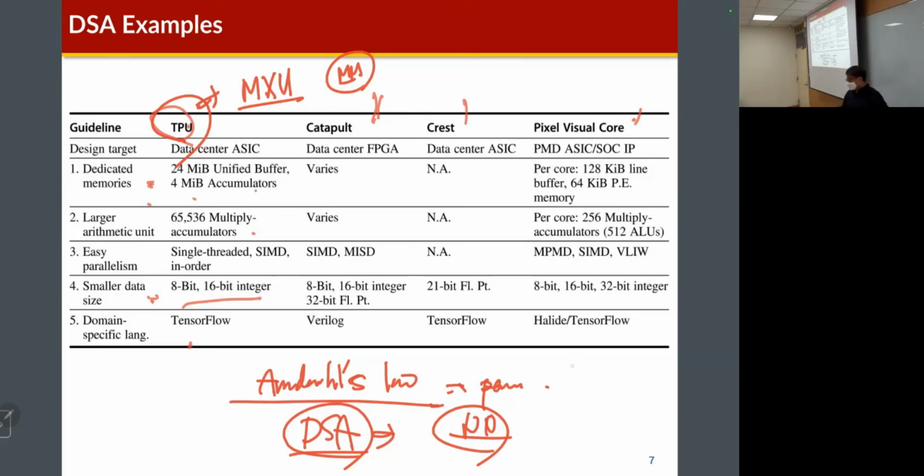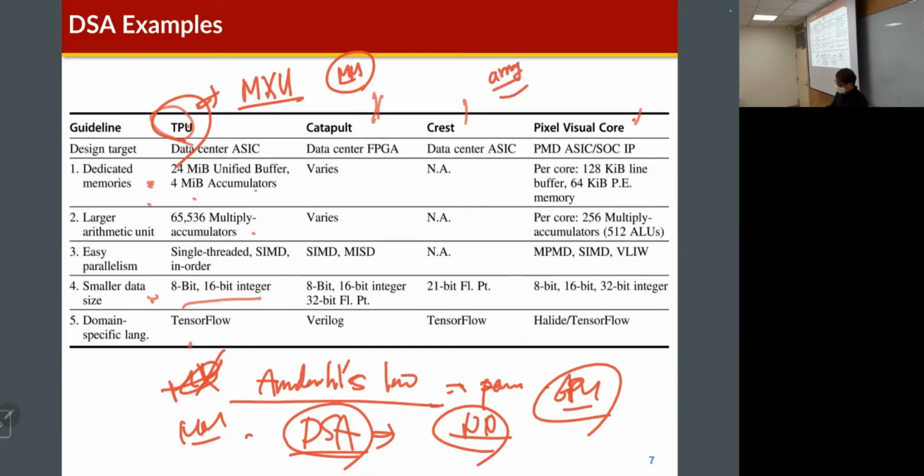Then we can use the GPU, and GPU architecture is better than CPU for parallel applications, but it's also not good for matrix multiplication. The GPU also receives the array data, but each thread of the GPU just handles some element.